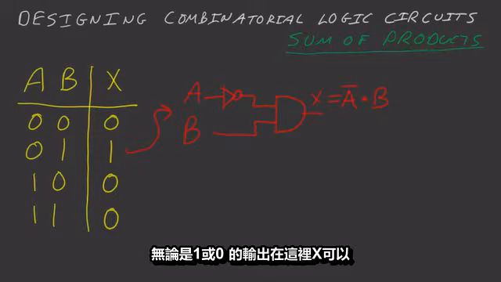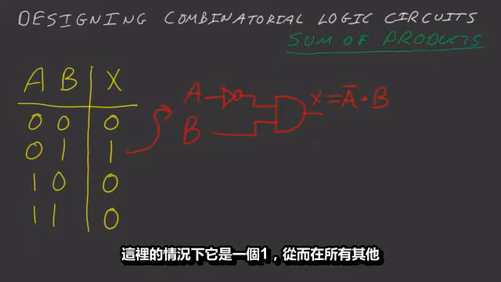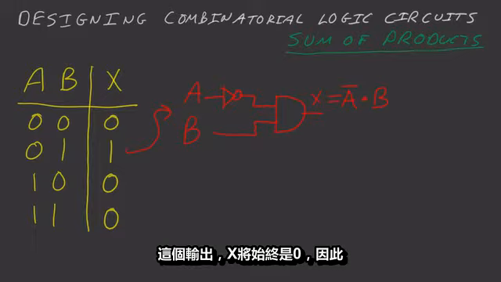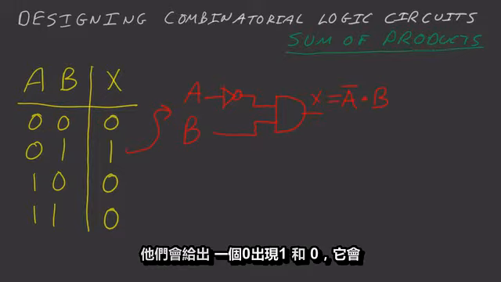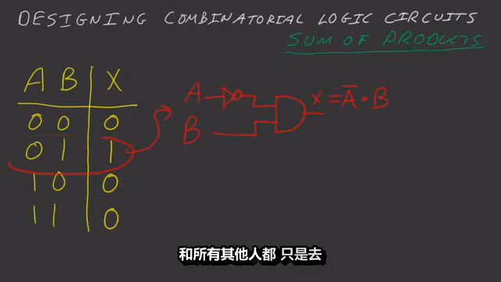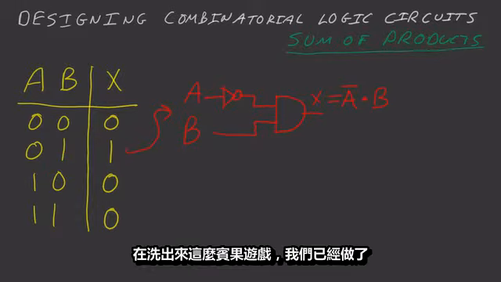The output X can either be a 1 or a 0, and we've done the case where it's a 1, so in all other cases, it doesn't matter what A and B are doing, this output X will always be a 0. If they're both 0, it'll give a 0. If they're 1 and 0, it'll give a 0. 1 and 1, it'll give a 0. Because we've designed it around this case, and all the others are just going to come out in the wash. So bingo, we've done it.